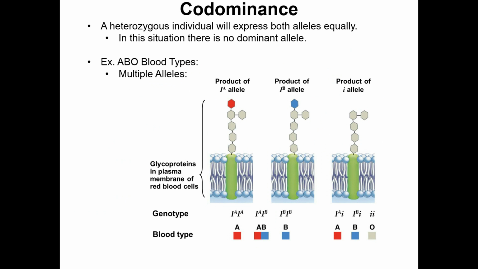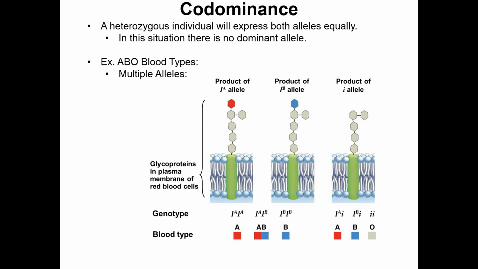Codominance. Codominance involves, again, another heterozygous individual that's going to express both alleles equally. Again, there's no dominant allele, but both alleles get expressed equally. This is opposed to incomplete dominance, where you see a reduced level of expression of genes. In codominance, you see an equal expression of genes.